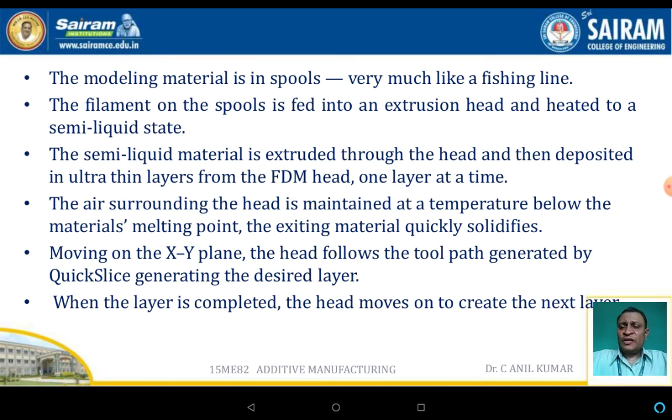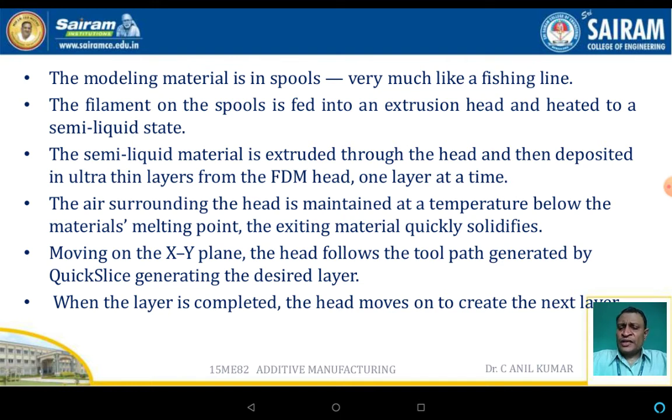The modeling material is in the form of a spool, much like a fishing line. The filament on the spool is fed into the extrusion head and heated to a semi-liquid state. The semi-liquid material is extruded through the head and deposited in an ultra-thin layer from the FDM head, one layer at a time.